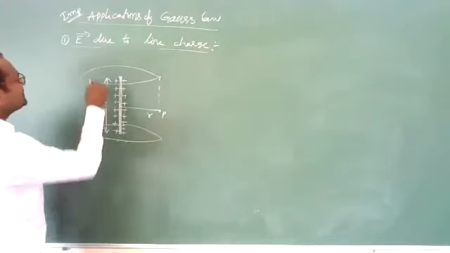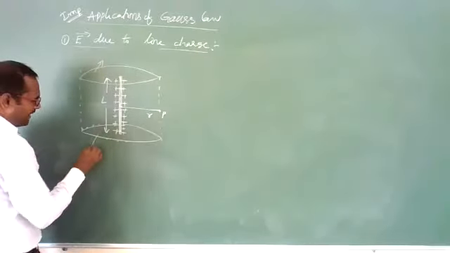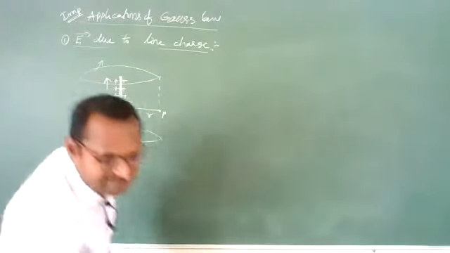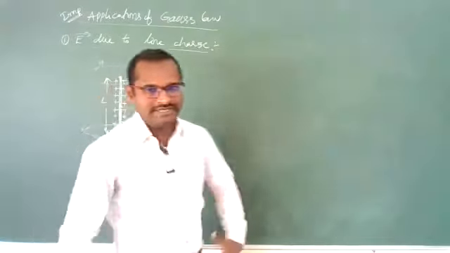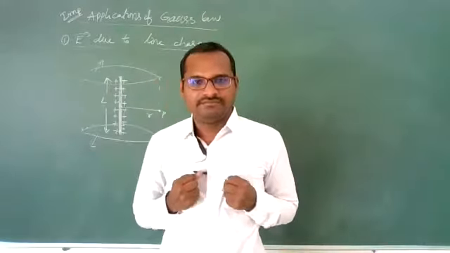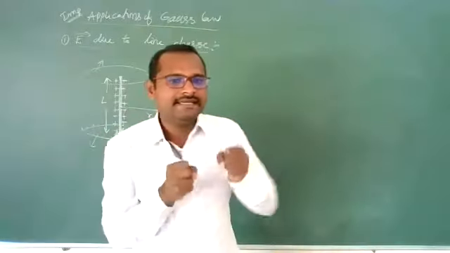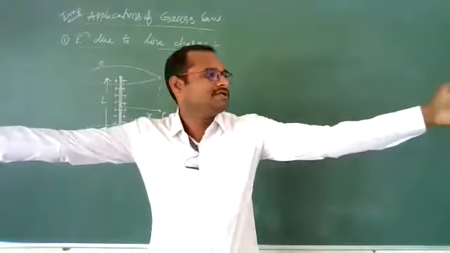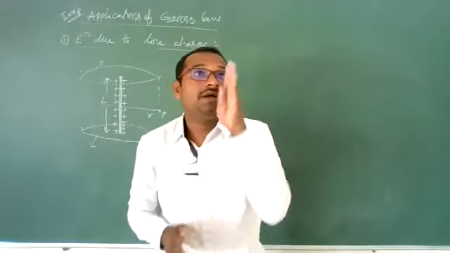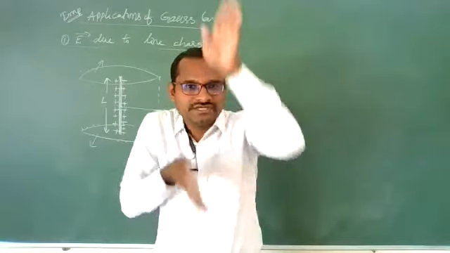Now see the upper cap and bottom cap. Imagine my body as a line charge; from this body, electric field lines point outward radially in all directions like this, but they can't go up and down.